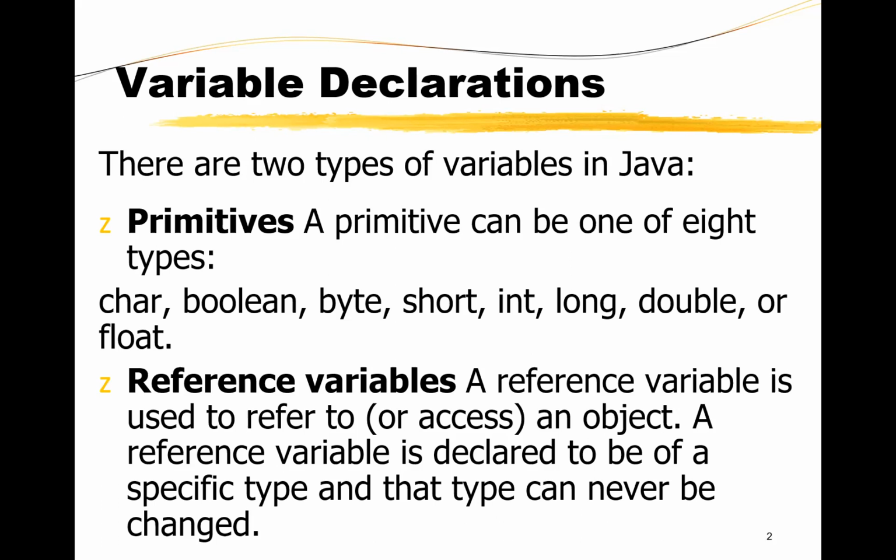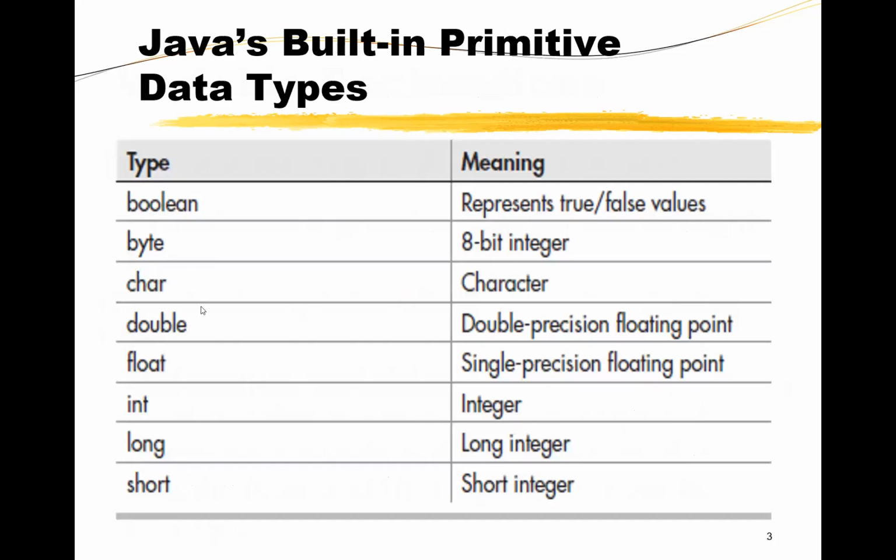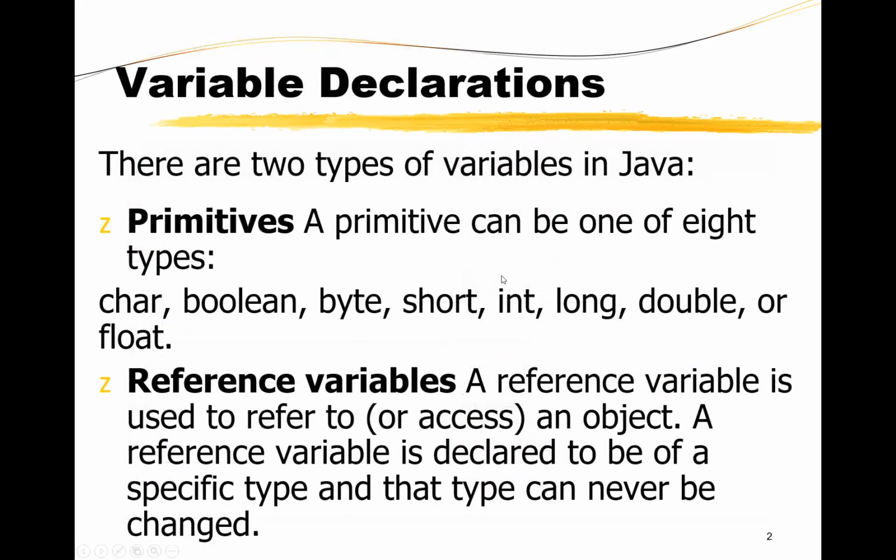A primitive data type means predefined data types. These are predefined data types available in Java because for these 8 data types, the data type, the size, and the standard values have been specified.